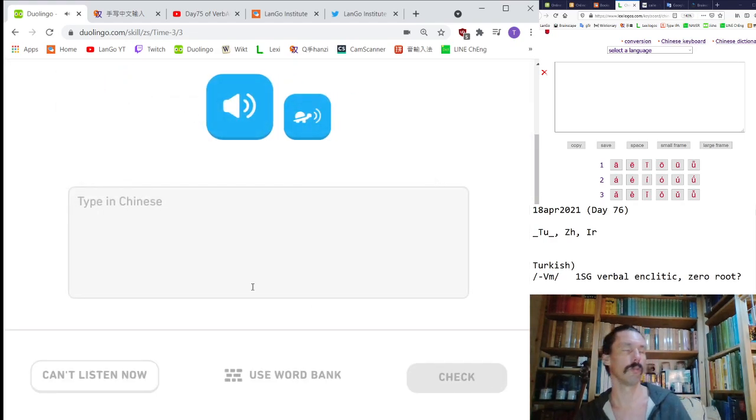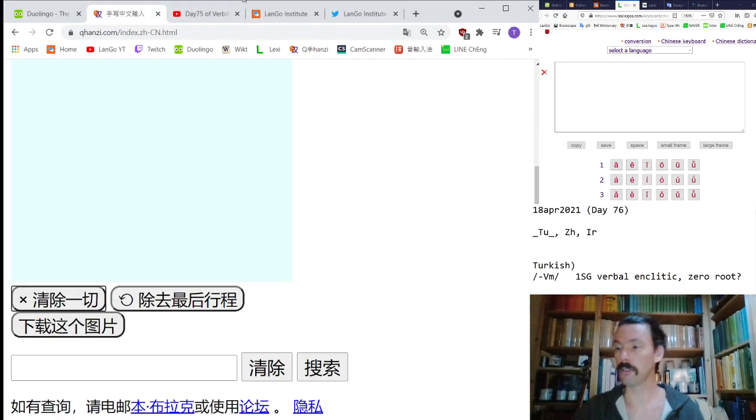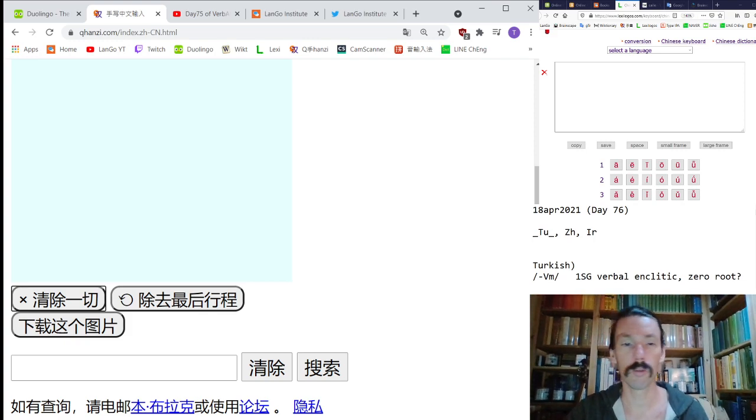我明天很早要上班。 I'm going to work very early tomorrow. Early. 我明天很早. We're going to write that all by hand. 我, and I'll call it the CJ components as we go.